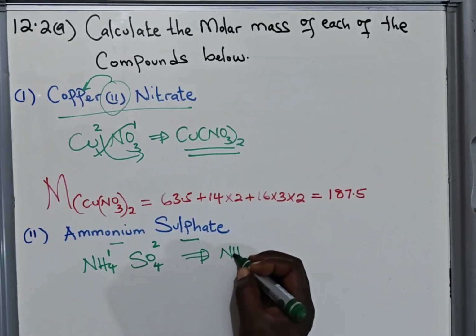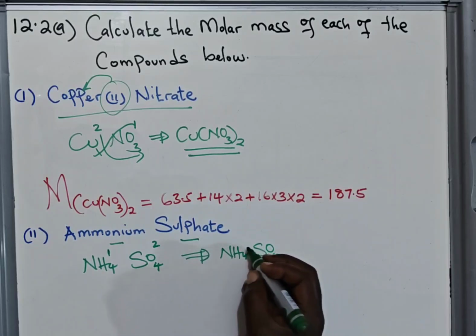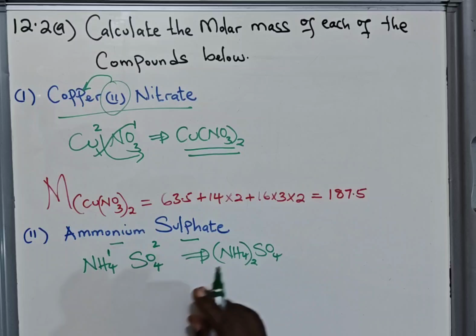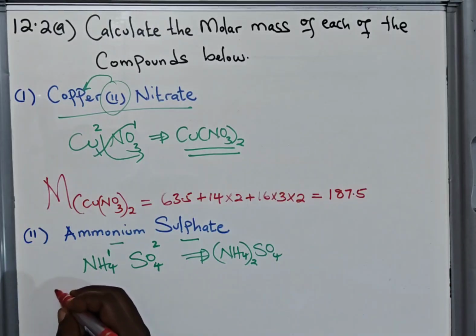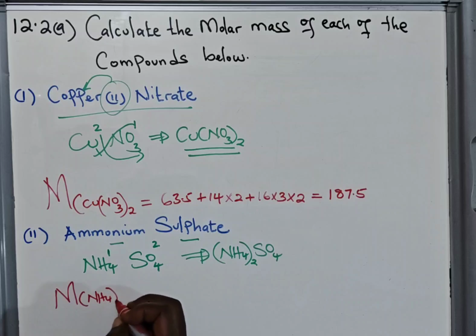You have ammonium sulfate, but this one takes the 2. So this is the chemical formula of ammonium sulfate. Then we can go ahead and calculate the molar mass of ammonium sulfate.